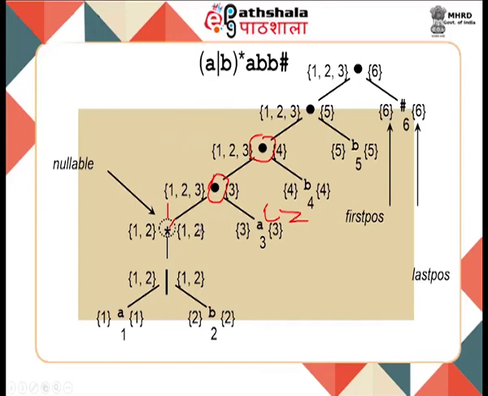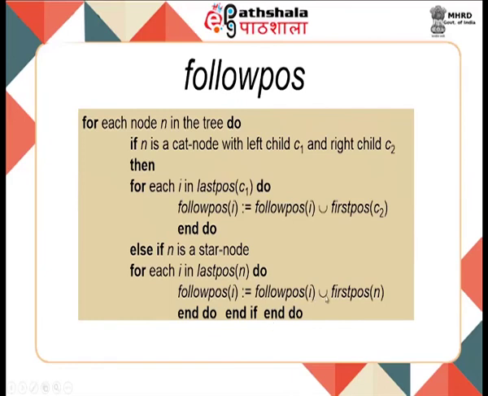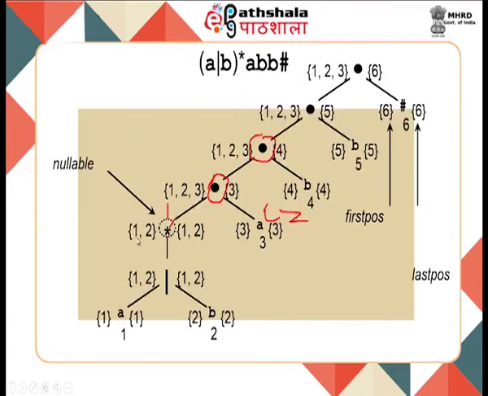For each I in last position of n, that is 1, 2, you will say follow position of I union first position of n, which is 1, 2. So 1, 2 will be included in the follow position of 1 and 2 respectively according to this logic. So this is my star node, this is n.